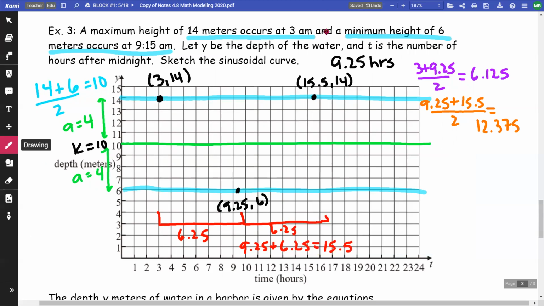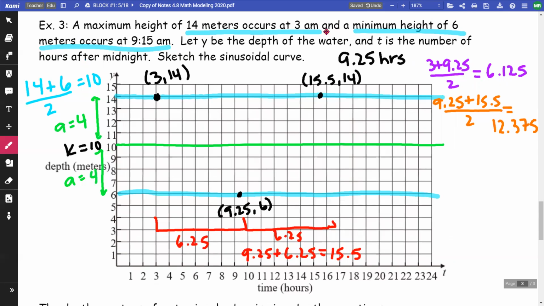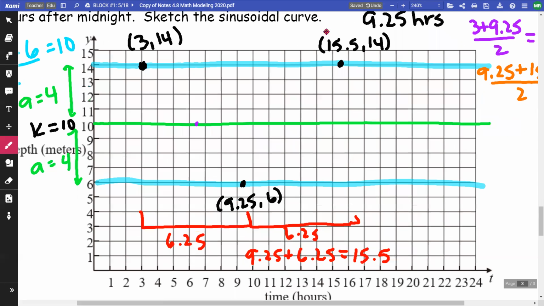So I'm going to go to 6.125. I'm just going to approximate this. 6.125 comma 10.